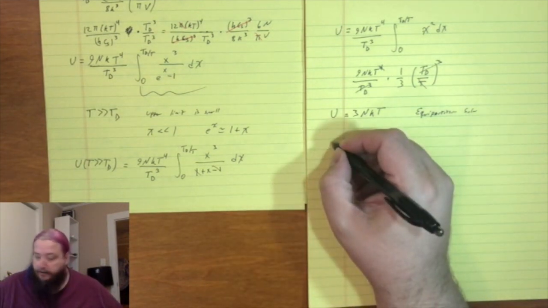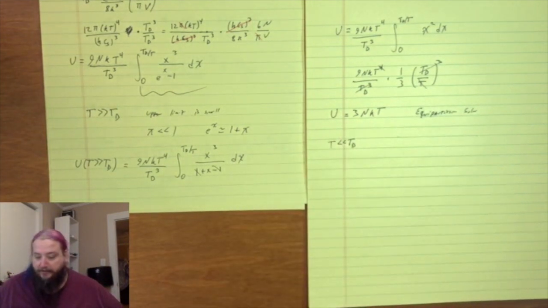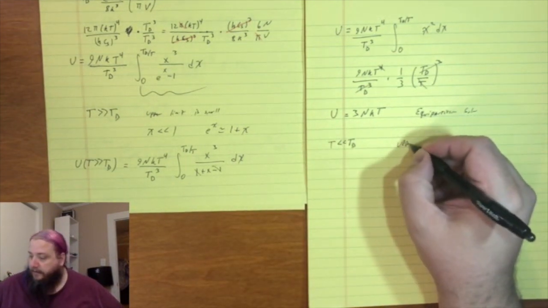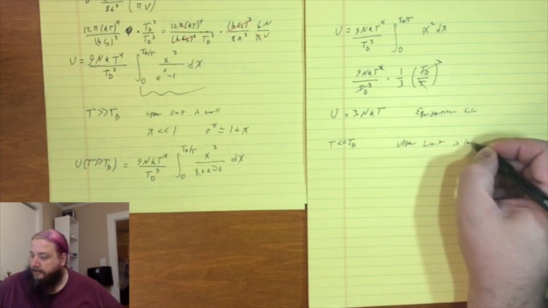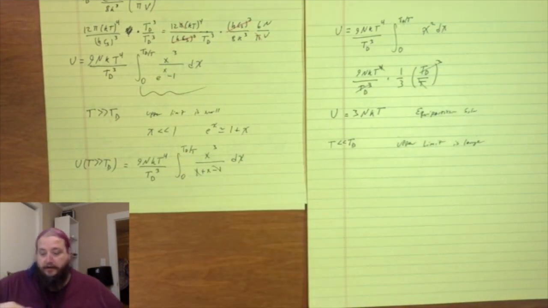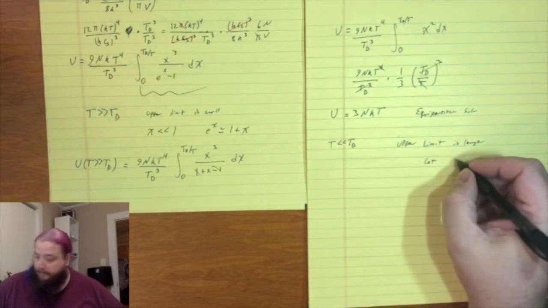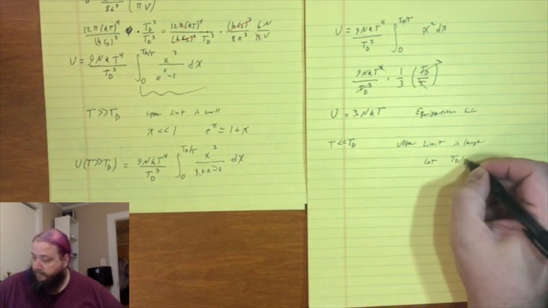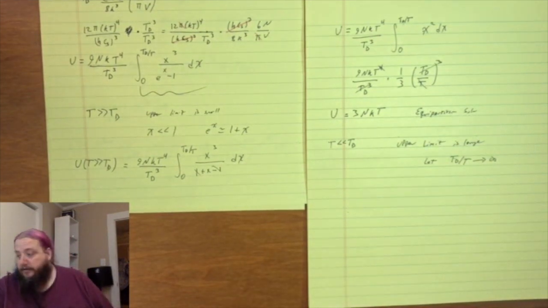So for low temperatures, for T much, much less than the Debye temperature, then the upper limit is large on this integral, and so we might as well just let it go to infinity and integrate all the way out to infinity.